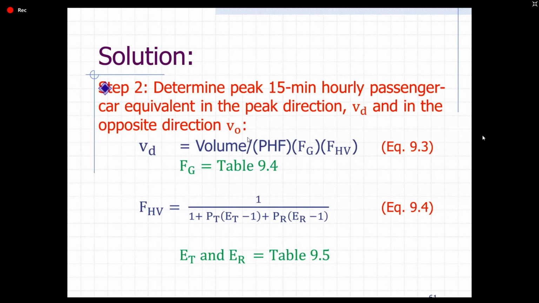So, do not be confused sa table 9.4 and 9.5 kasi yung title niya is PTSF, but that is actually used also sa ETS. Siguro nagkamali lang yung author natin. So, this is your equation 9.3, 9.4 dun sa previous na pinakita ko na slide. Kaya 9.3 pa rin siya.